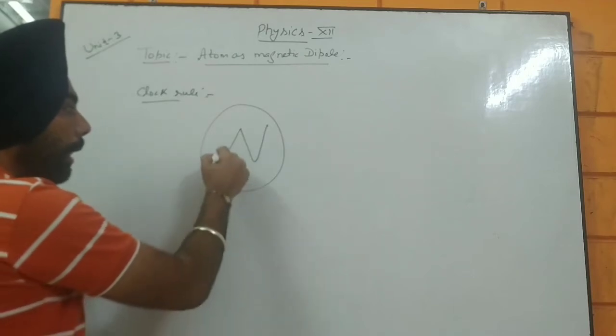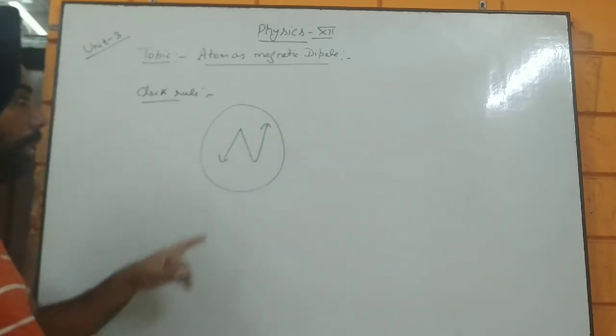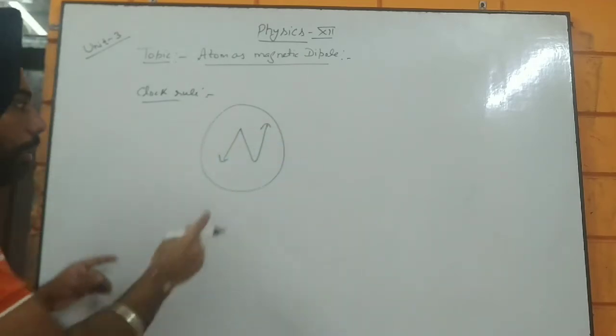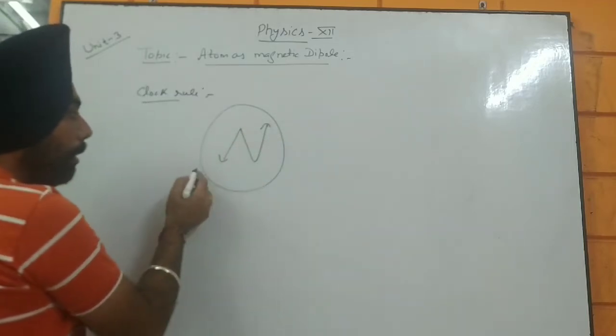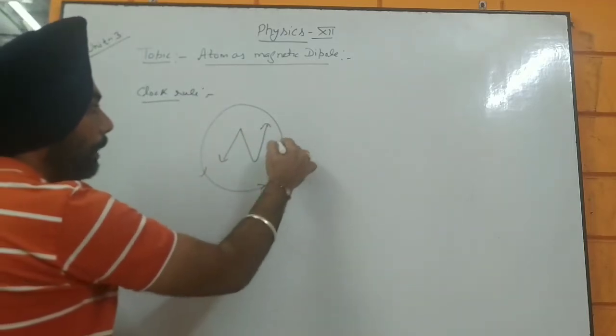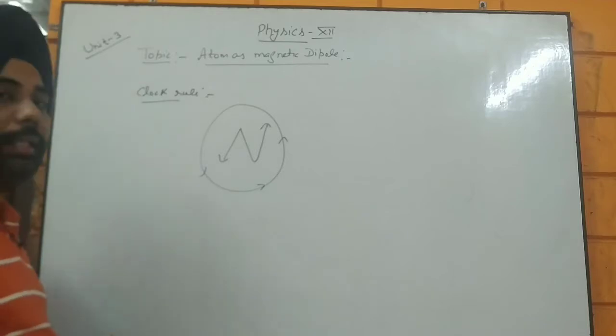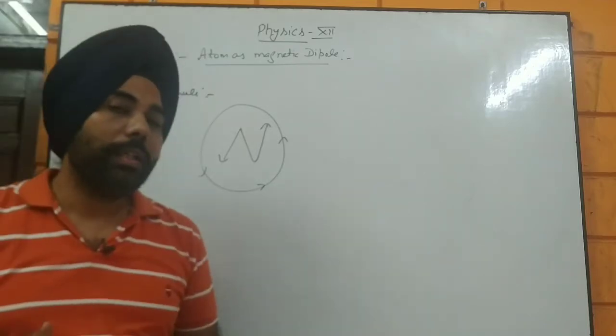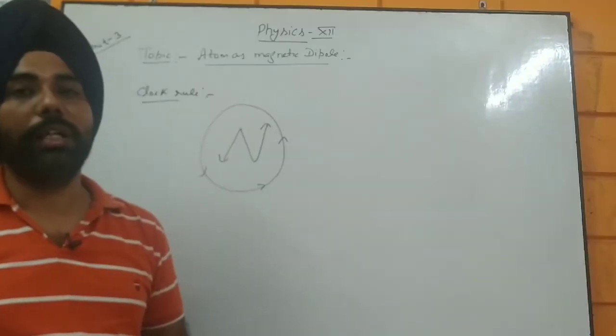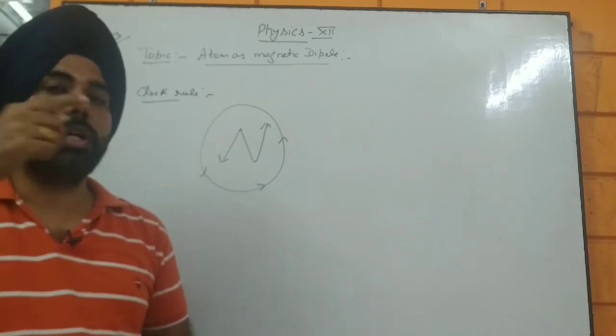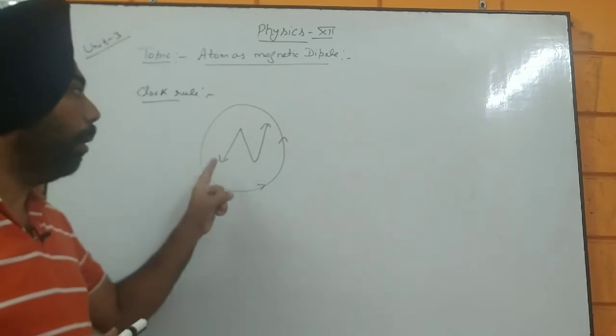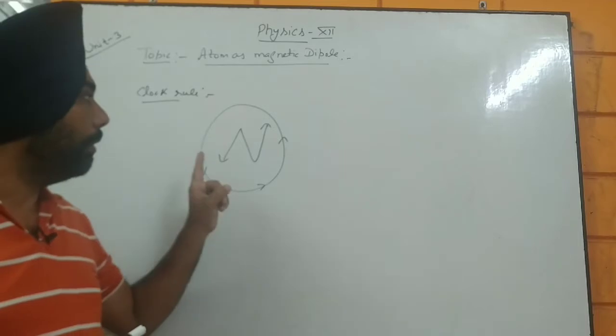N is always going to have an anti-clockwise direction, as the symbol of N already expresses the anti-clockwise movement of a circular loop, which means if any circular loop has an anti-clockwise direction of current, then that will create a north pole.